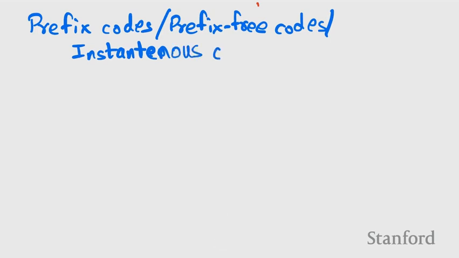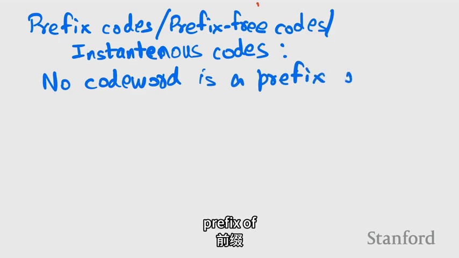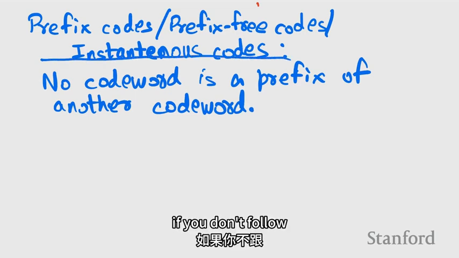So no code word is a prefix of another code word. Right, stop me if you don't follow.